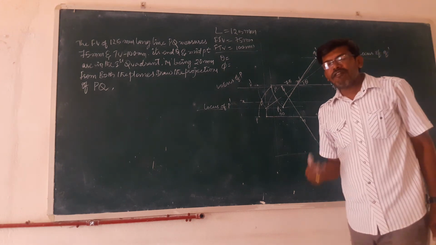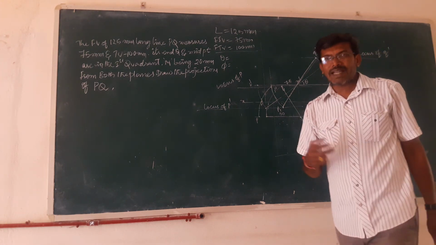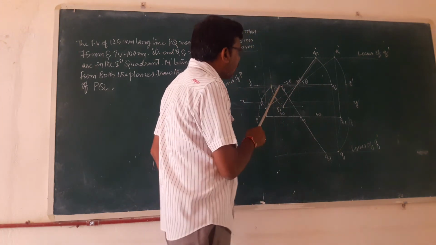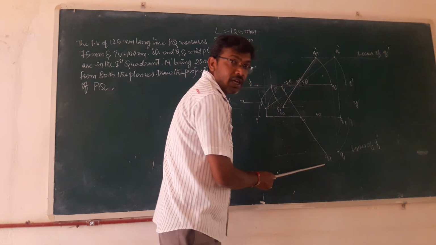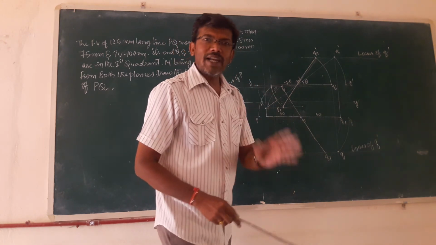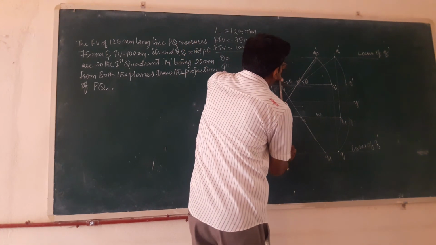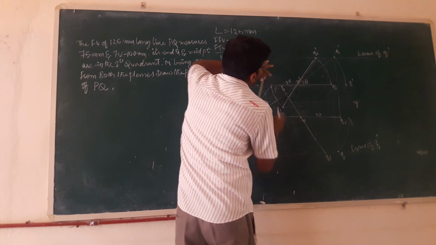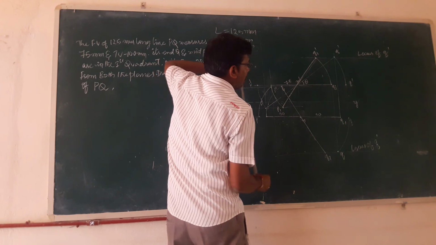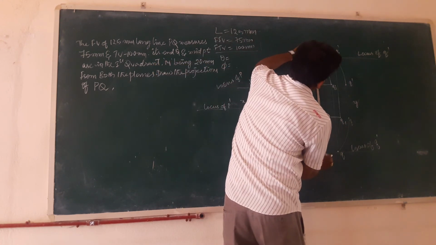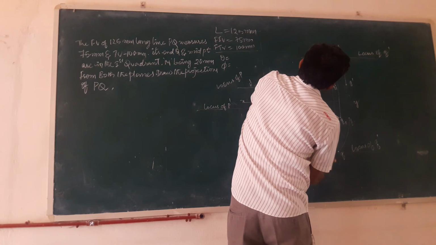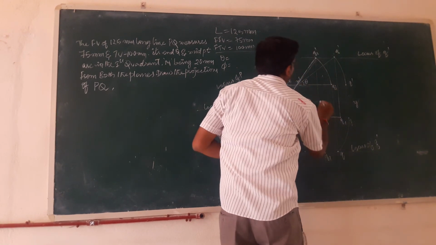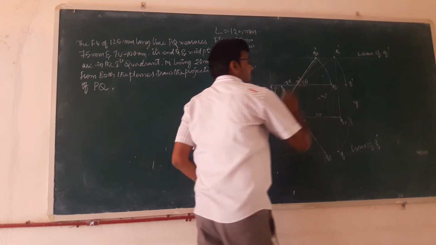How to confirm whether our procedure is correct? If you see, the final front view positions of these points should be in a straight line. So let us see. If you draw a line perpendicular to the XY from these particular points, it is crossing on the same line, and here it should be 90 degrees.